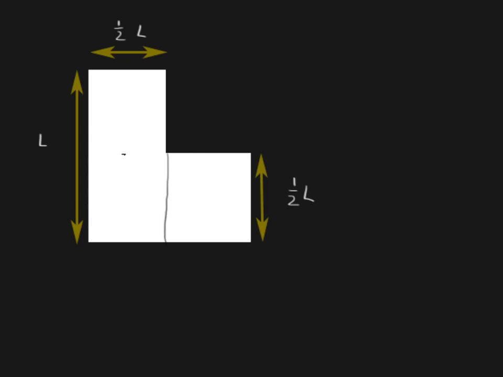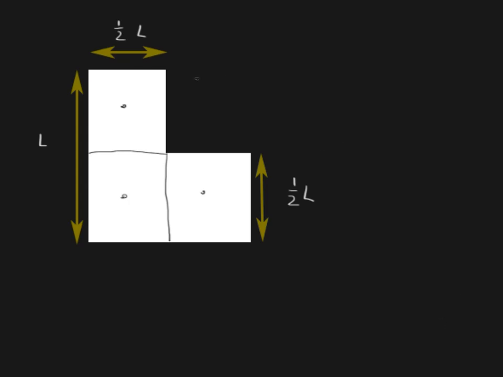And then of course the center of mass for each piece would be this and this respectively. You may just want to break it into 3 pieces, and then you'd have a center of mass here, here, and here. All right, so it's really up to you how you want to do that.